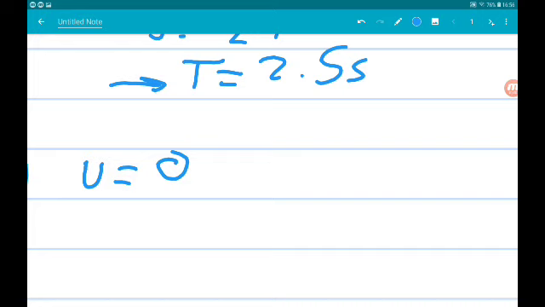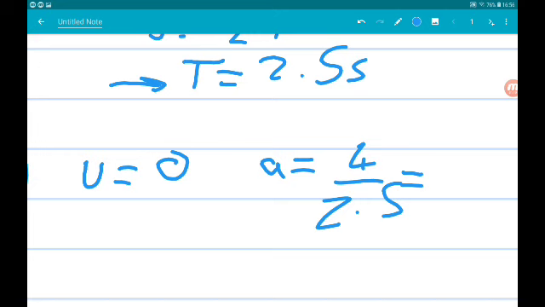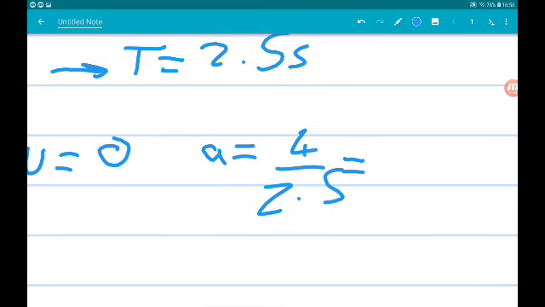So, the acceleration, we know it got to 4 meters a second in 2.5 seconds. So its acceleration is 4 over 2.5, which is 1.6.